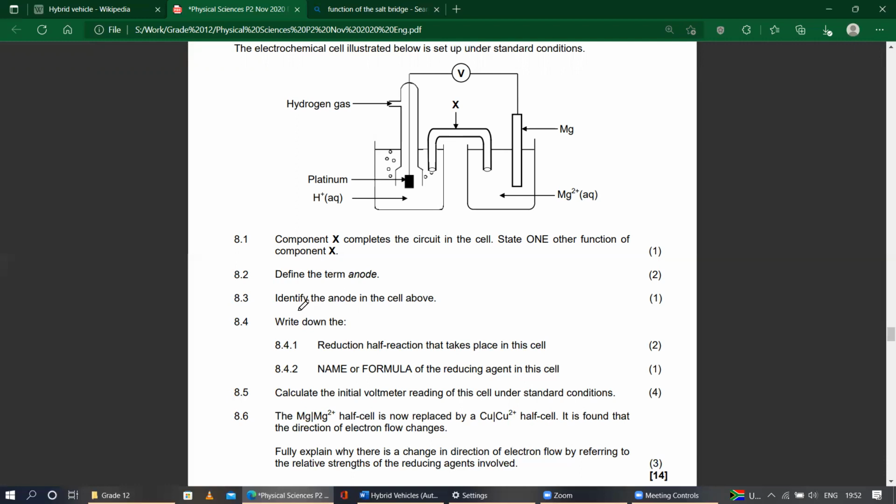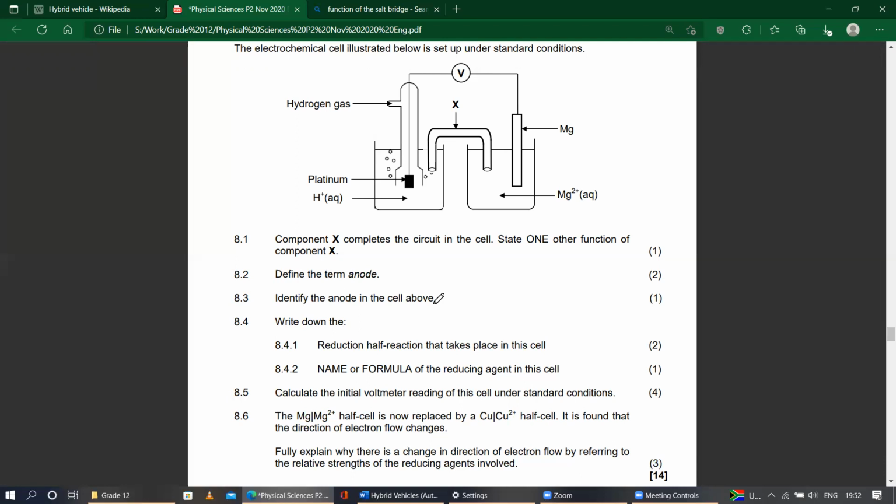So the next question is, identify the anode in the cell above. In order to identify the anode, there are two methods you can use.